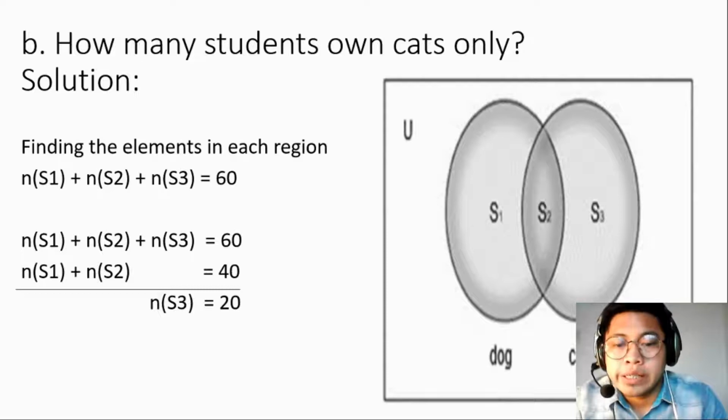So 60 minus 40, or the number of students in grade 7 charity minus the students who own dogs, is equal to 20. Therefore, there are 20 students who own cats only.